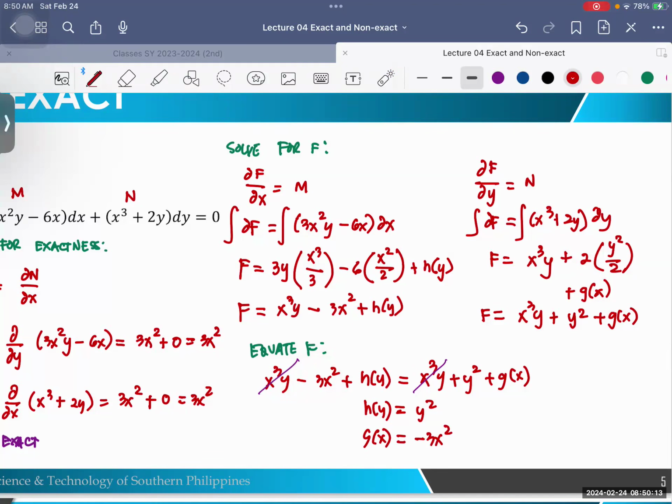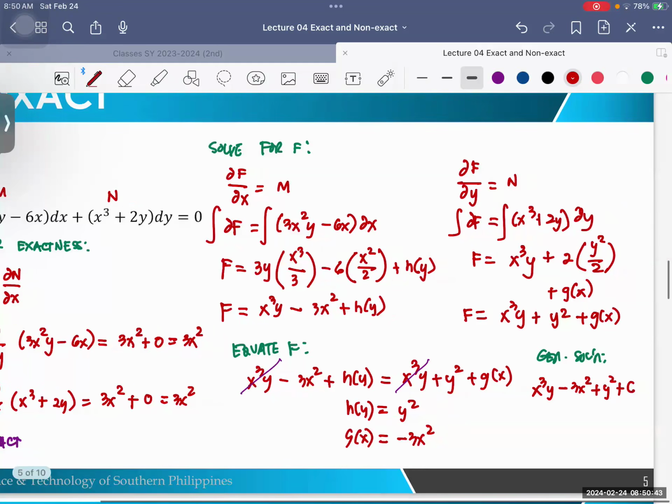Okay, once we have defined them, then it's so easy to write the general solution. So either of the two. Okay, the general solution will be x cubed y minus 3x squared plus h of y, which we defined as y squared, plus c.